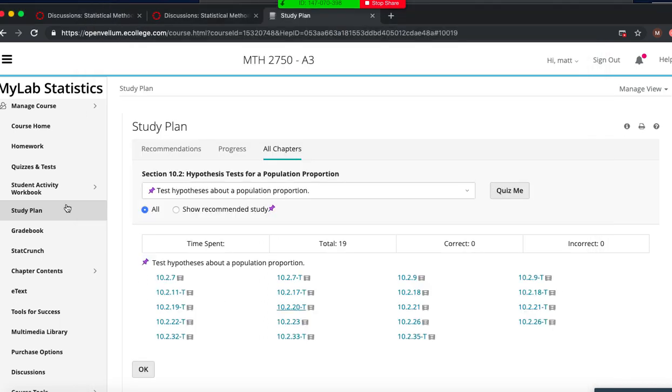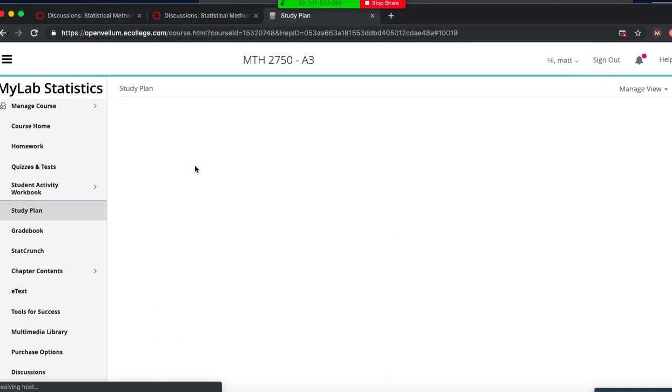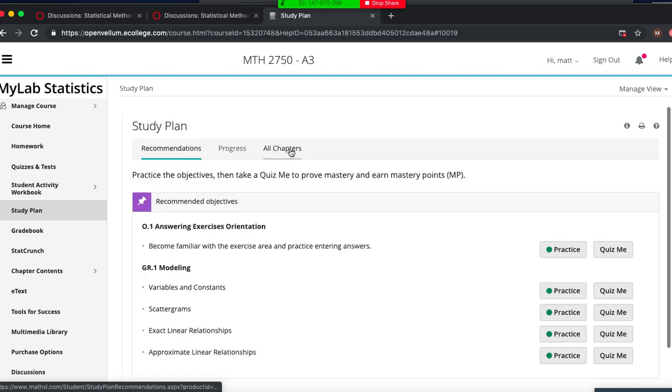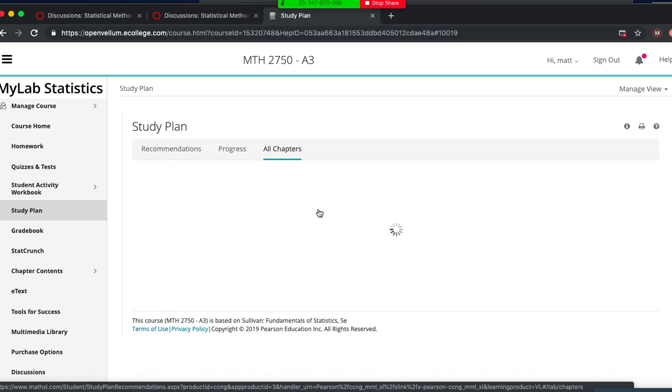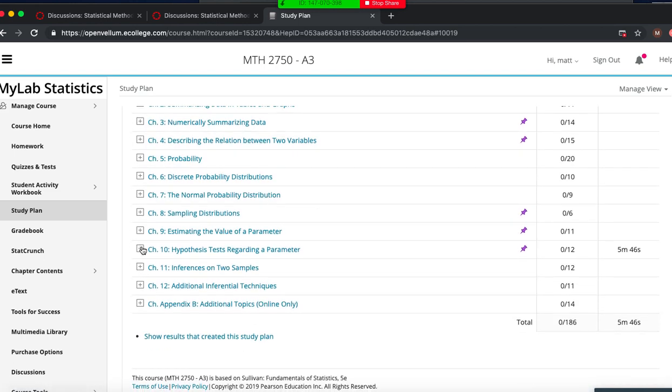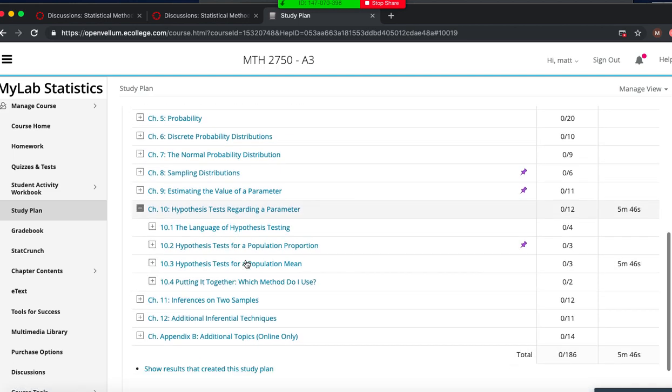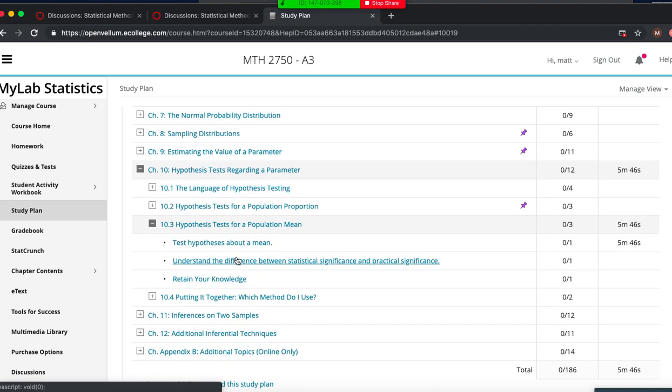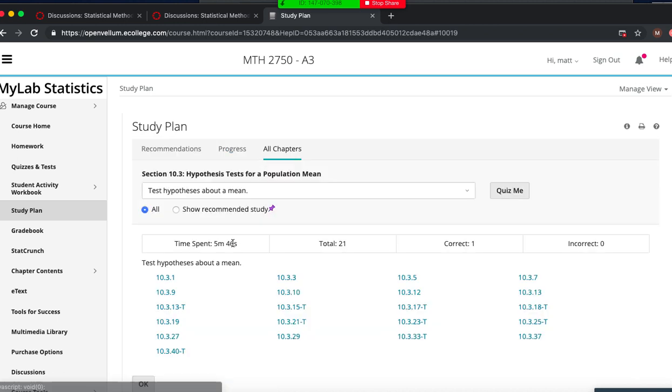So, for example, if we go back here, I guess I should have just clicked all chapters to save some time. So if we go here to chapter 10, notice we're still doing a hypothesis test, but I'm going to look at some that have means. Obviously, in here, it's going to tell us that we're working with means.